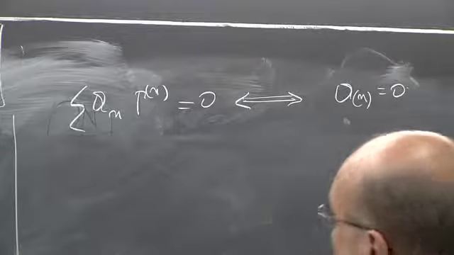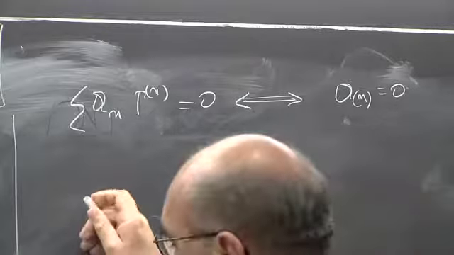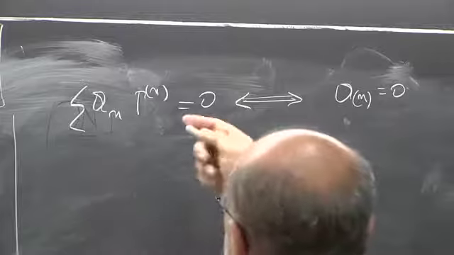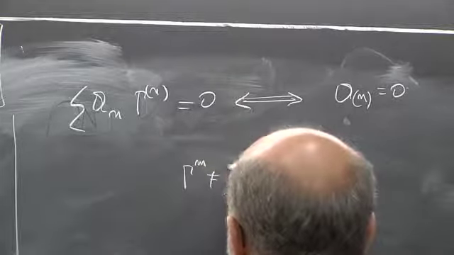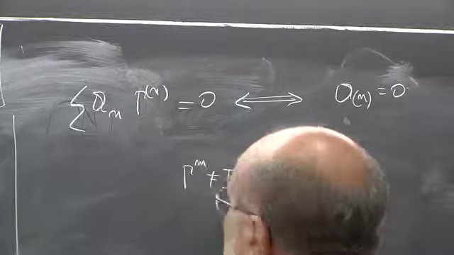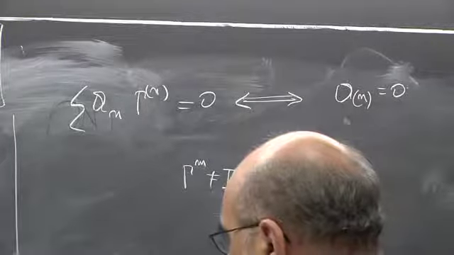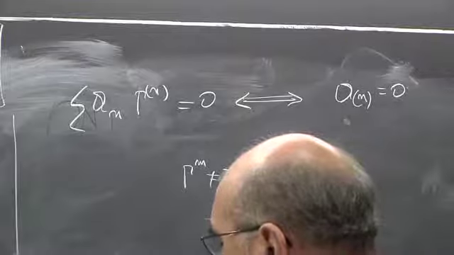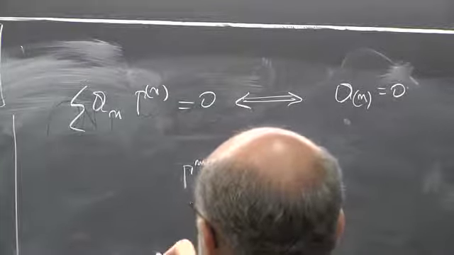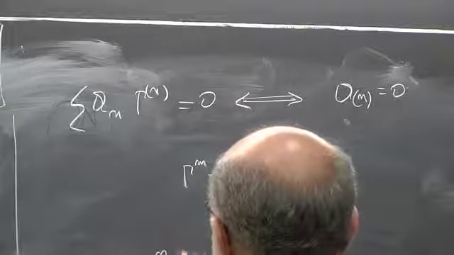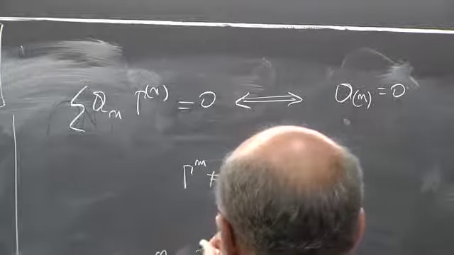So let's multiply on the right by gamma m, with a gamma m different than the identity, and then we have the sum of a_n gamma n gamma m.